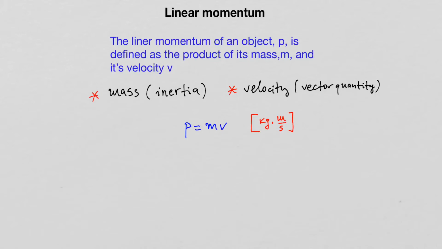So for future reference, I will refer to the momentum of an object that is moving along, in general, a straight line as simply the momentum. So the term linear momentum is used to indicate the motion that is not along a circular trajectory.